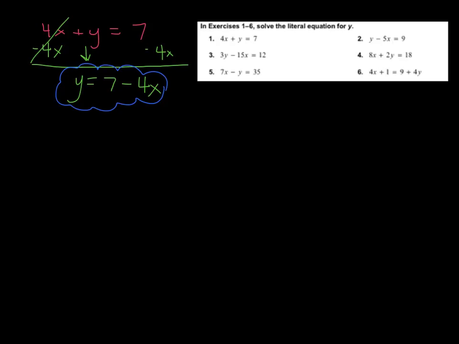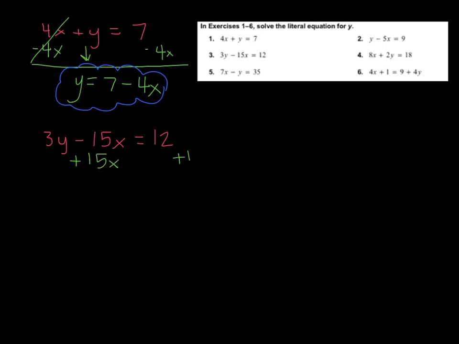Okay, so let's go ahead and look at number 3. So obviously number 3 and number 4 are similar. So I'm looking at 3. I'm going to rewrite it here so that I have a little bit more room. I have 3y minus 15x equals 12. And once again, we're trying to get y by itself. So I start with the minus 15. The opposite of minus 15 is plus 15x.